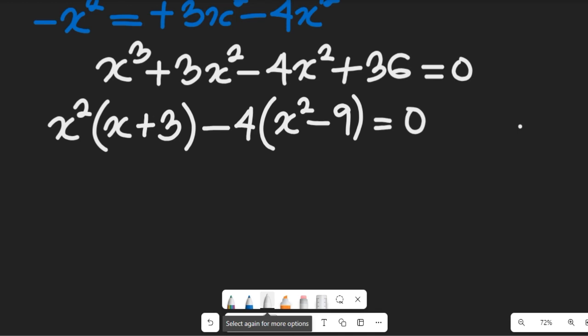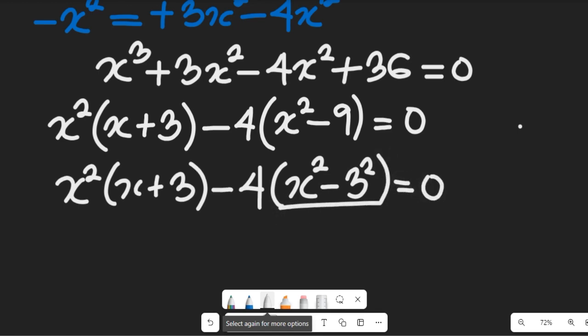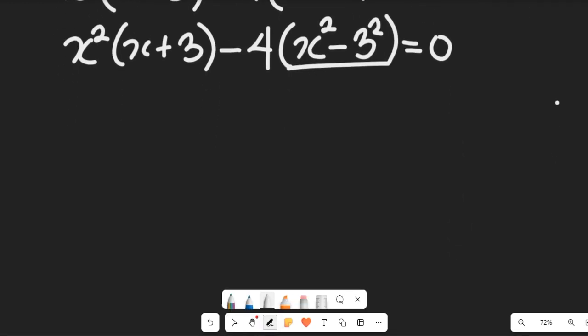Good. So if I expand that expression, I can have my x squared times x plus 3, and this will be negative 4 times x squared minus 3 squared, and this will be equal to 0. Now let me take out this expression. If I take out that expression, I can use a difference of 2 squares.